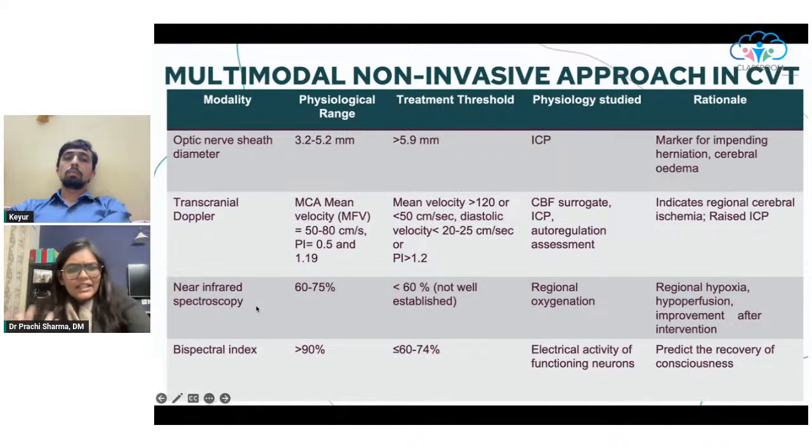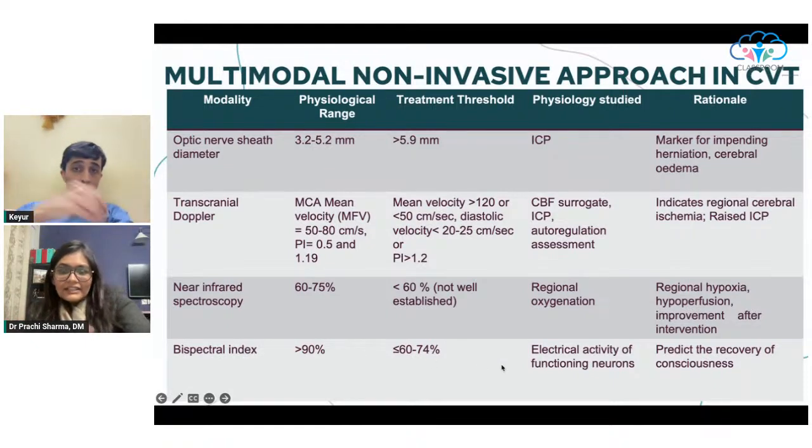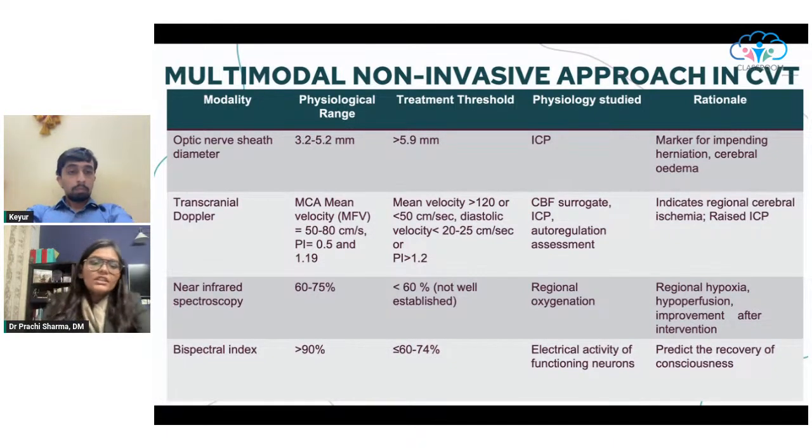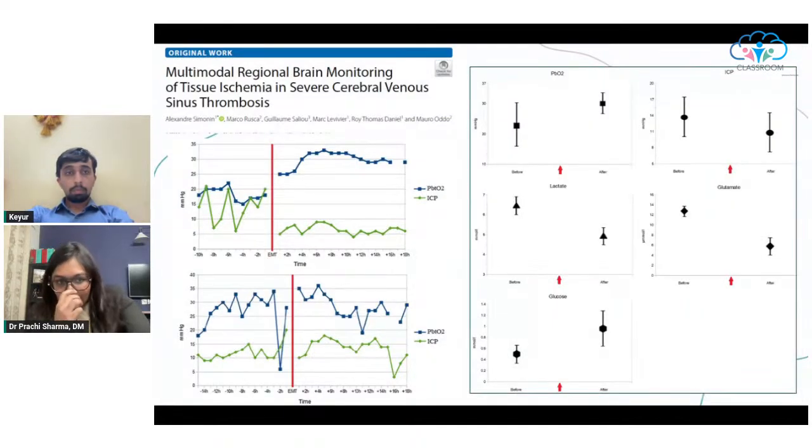We can utilize NIRS as well to some extent, and bispectral index, though I did not find any study for this. It can also be used because in other acute brain injury cases, it has been shown to identify the electrical activity of the functioning neurons and has been used to predict the recovery of consciousness in various patients with similar pathophysiological mechanisms of raised intracranial pressure.